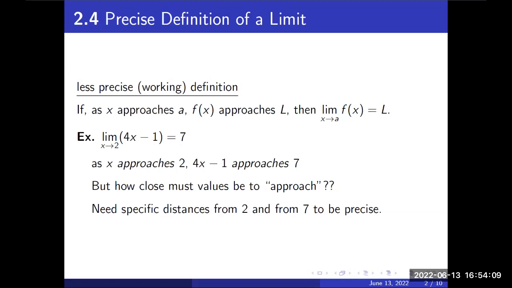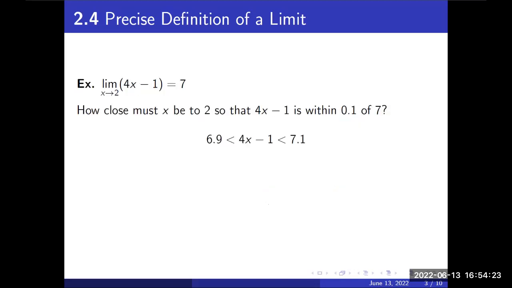Here's what we'll do instead. We'll make this precise. By precise, we mean we're going to give it specific values. We need specific distances from 2 and from 7 to be precise. What does that mean? How close? Let's rephrase the question just a little bit.